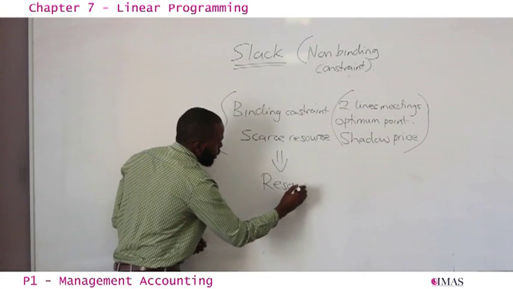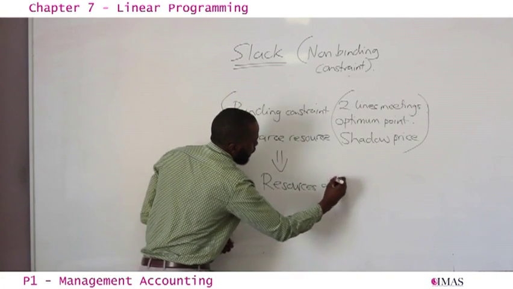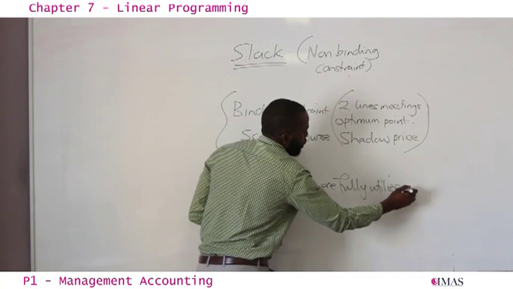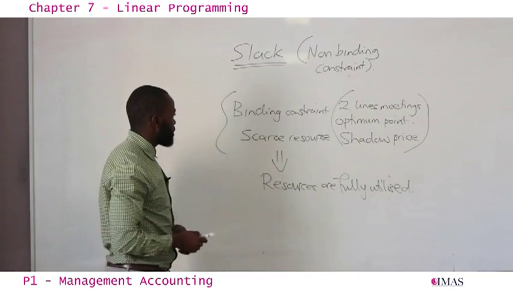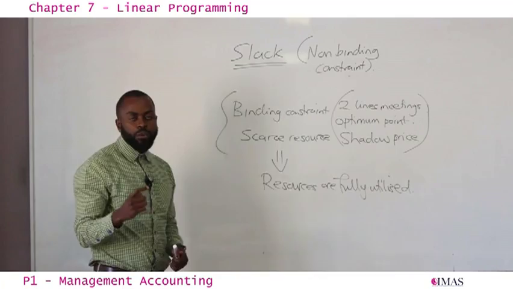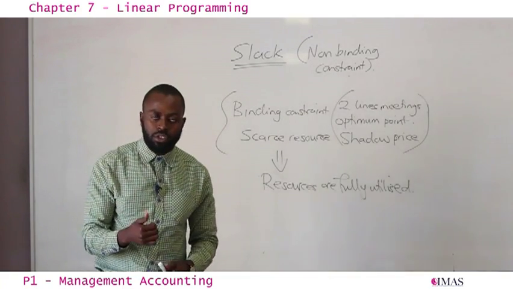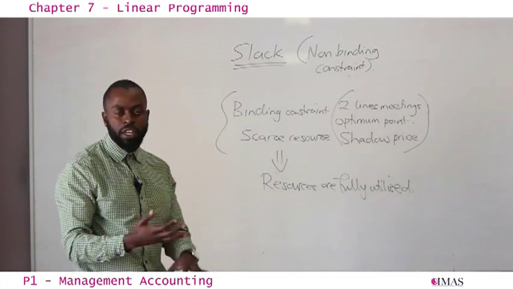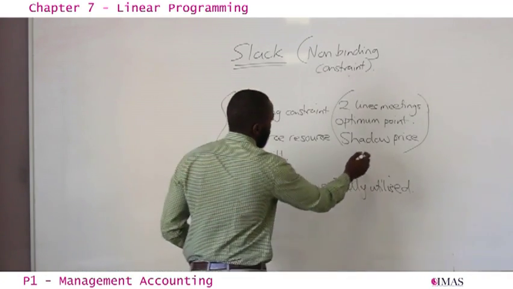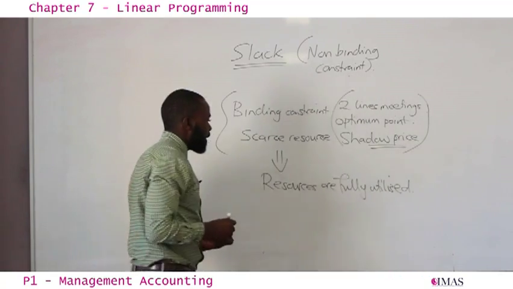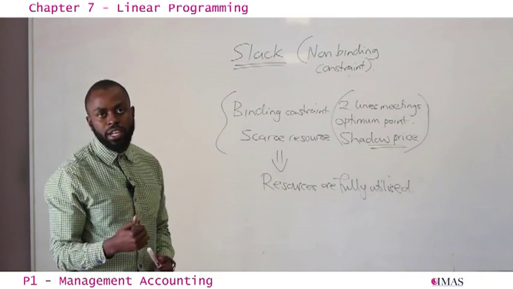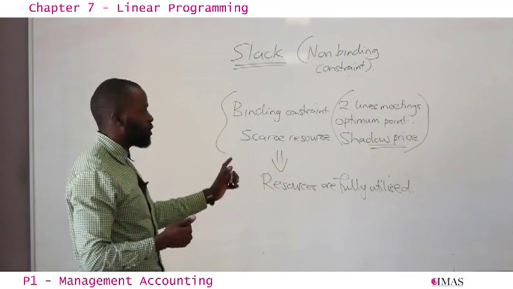We are fully utilizing our resources at the binding constraint, the scarce resource. If we could source one more unit, either of the kgs or the hours, how much would our contribution increase by? That's what we call the shadow price.